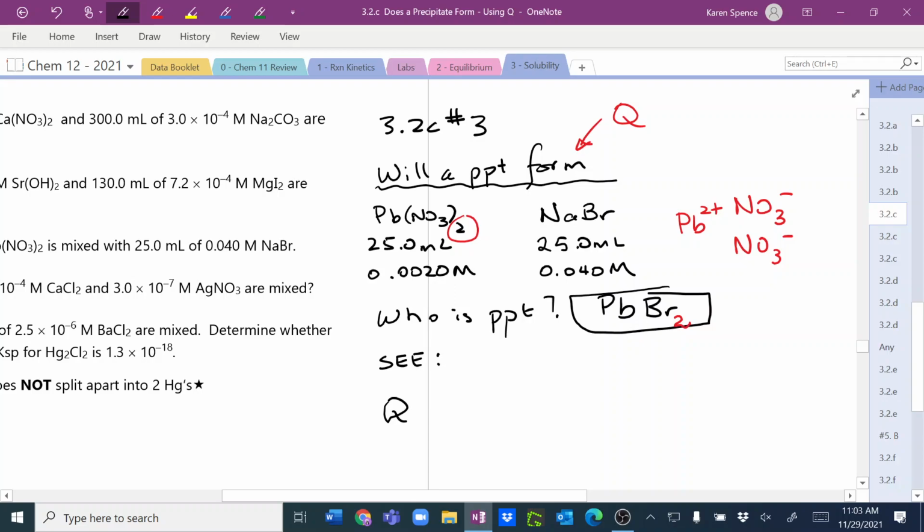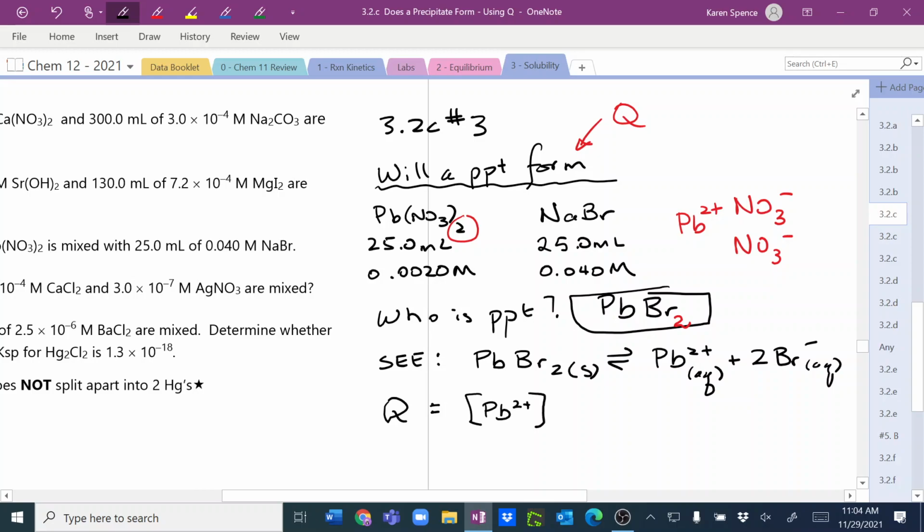You're not writing it for lead nitrate or sodium bromide, you are writing it for lead bromide. And the Q is going to be concentration of lead times the concentration of bromide squared.